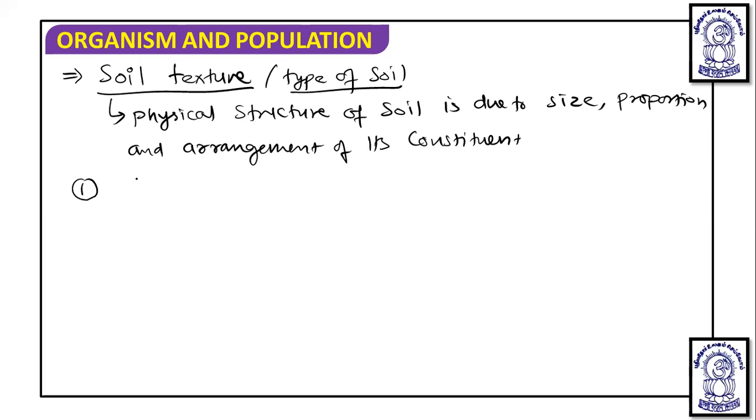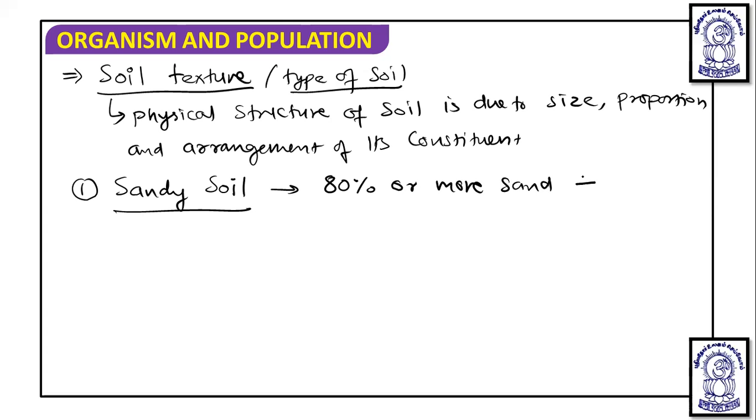The first soil texture is sandy soil. Dear students, in sandy soil, 80% or more sand is found and 20% or less silt and clay are found. This composition makes the sandy soil. Now it is known that sandy soil has a poor water holding capacity.